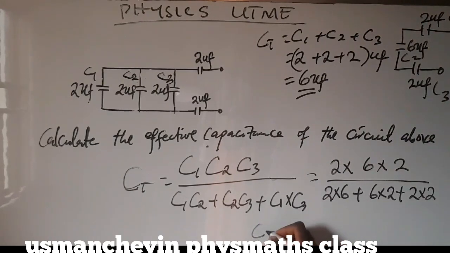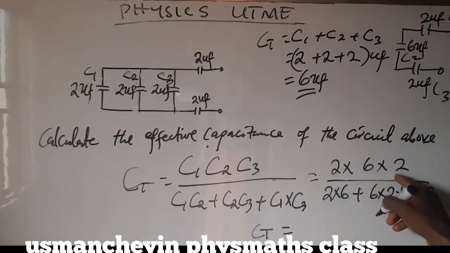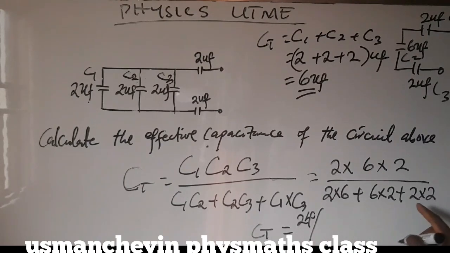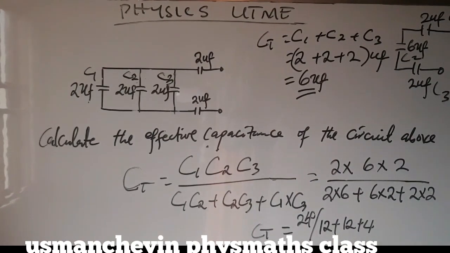our C total will now be equal to this times this times this. This is 12, this is 24, so we're having 24 all over, this times this, 12 plus 12 plus 4. If you add them up, you're going to have 24 over 28.